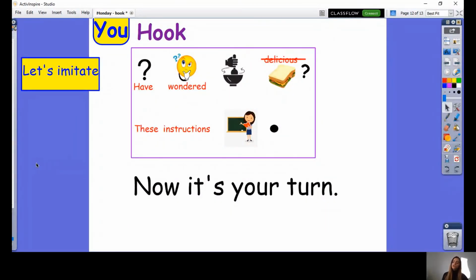I want you to change your hook and your adjective for your sandwich. Make sure you remember your capital letters, your question mark and your full stop, your finger spaces, and make sure you are doing the best writing you can. Make sure you're writing on the line and make sure we don't have any floating letters.